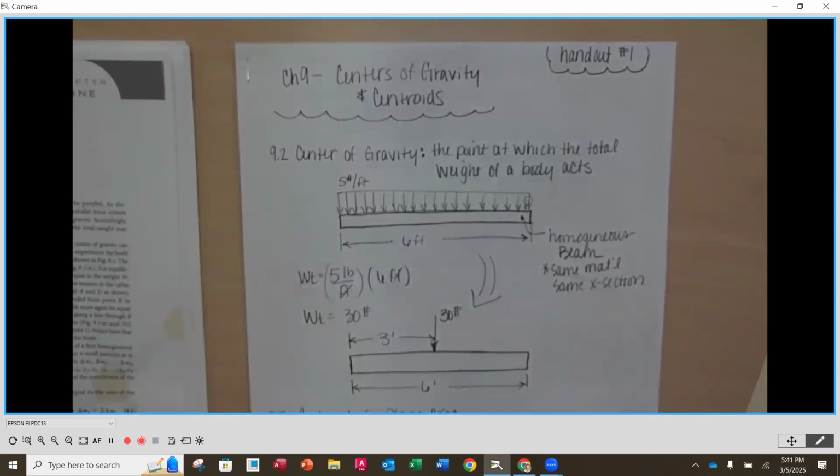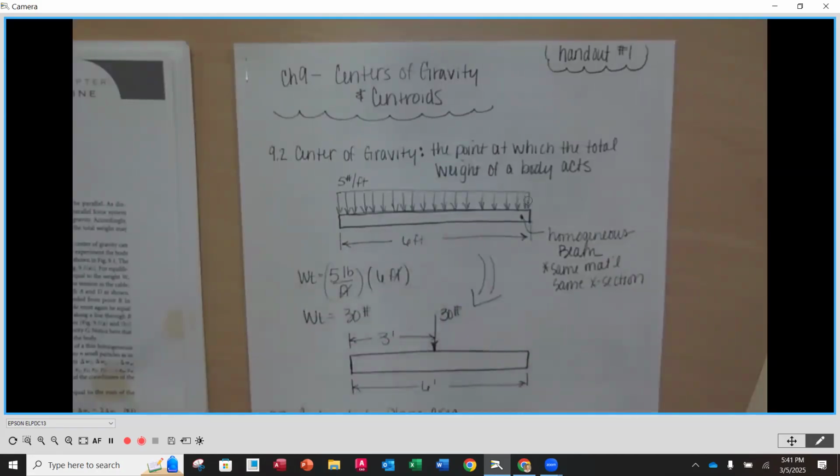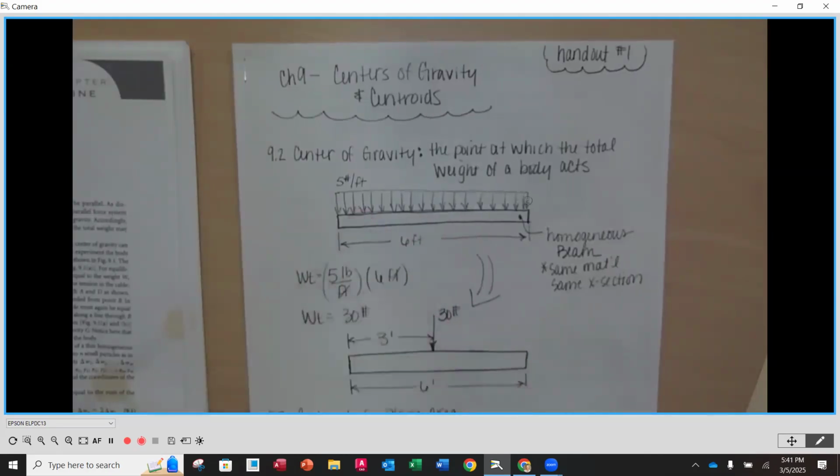We've already looked at centers of gravity on items where we have a distributed load and we want to present a concentrated load so that it has the same net effect on a body. So if we look here at just a generic beam, it's 6 feet long. It says here that it's 5 pounds per foot.